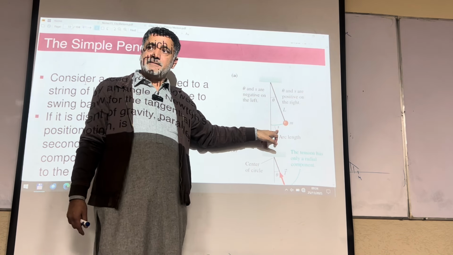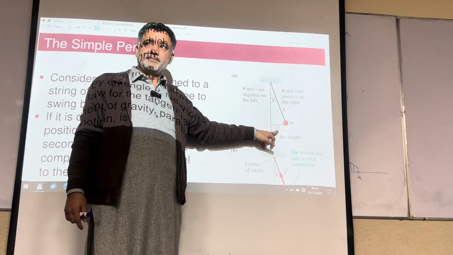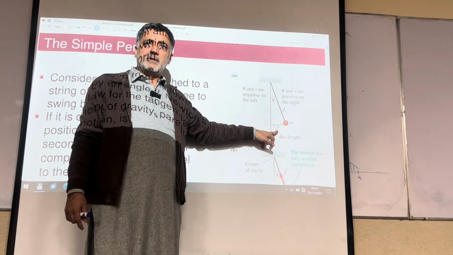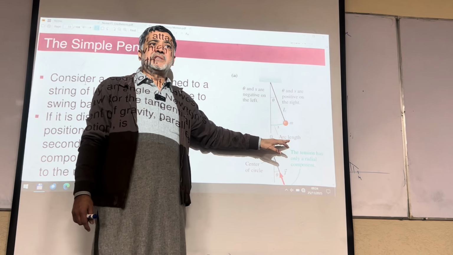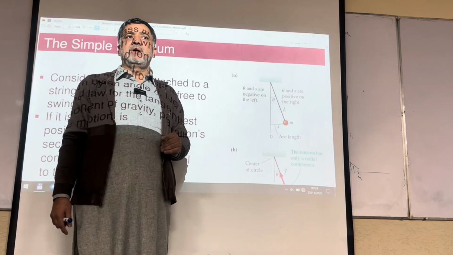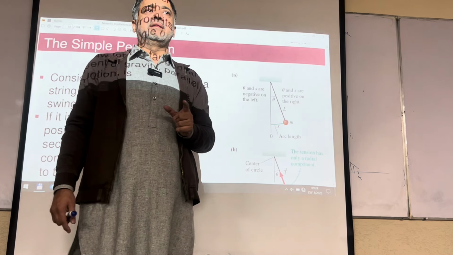What is this S? Displacement. Arc length. This is arc length, but there is one problem with this name. When you call it arc length, length by definition cannot be negative. You know that. No length can be negative. So a correct name for this is, there are many ways to talk about it.